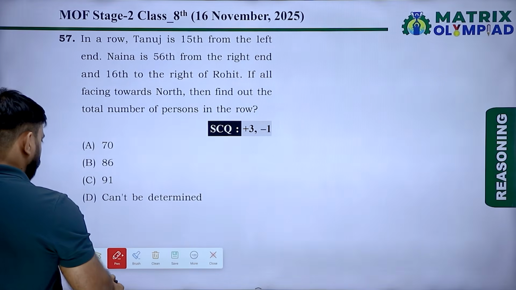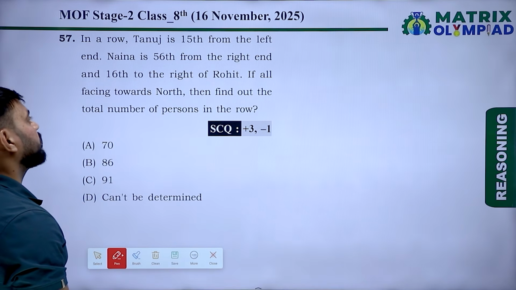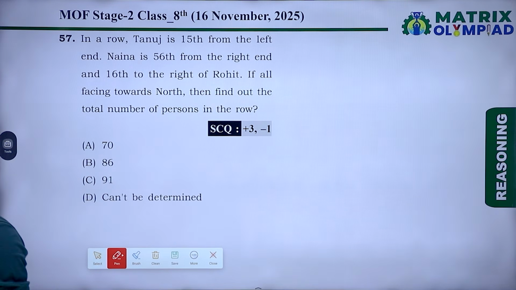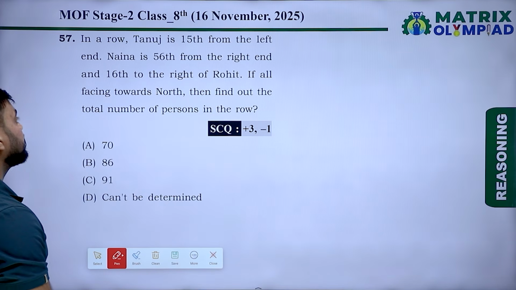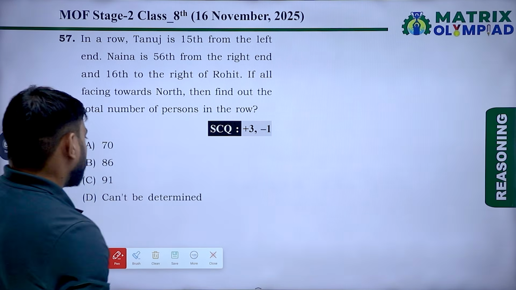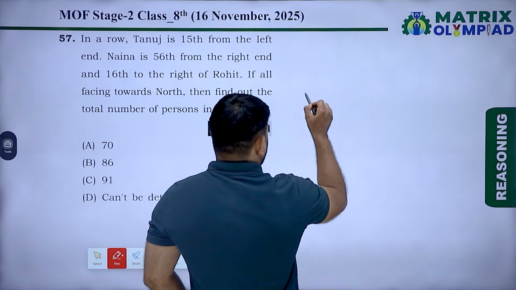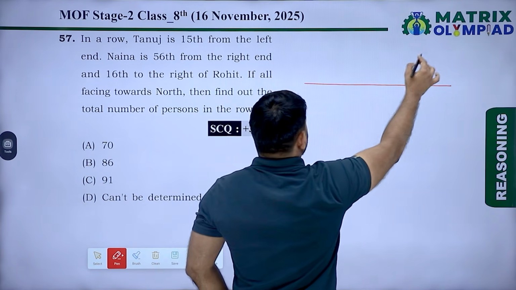So now next question is question number 57. In a row, Tanuj is 15th from the left end, Naina is 56th from the right end, and 16 to the right of Rohit. If all are facing towards the north, then find out the total number of persons in the row. So in a row, all are facing towards the north.